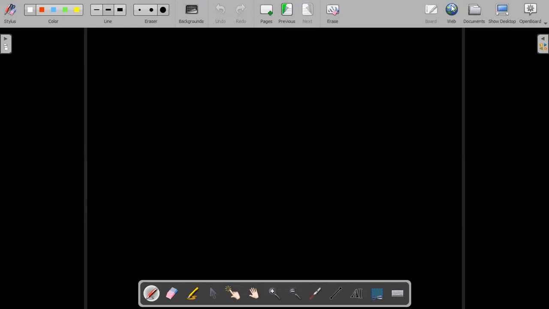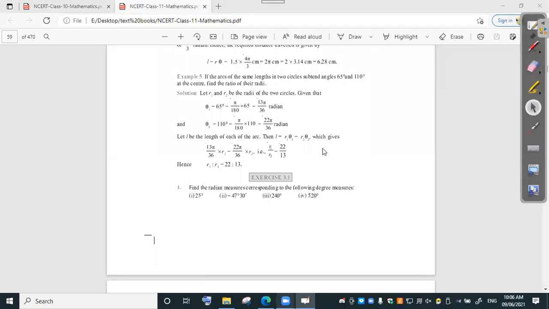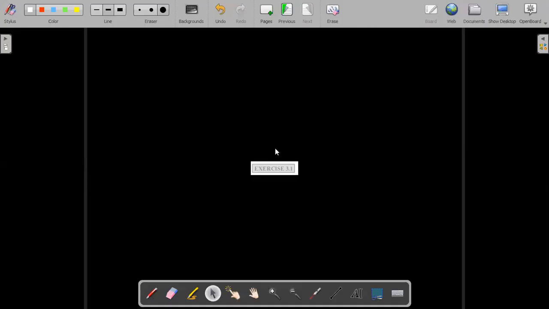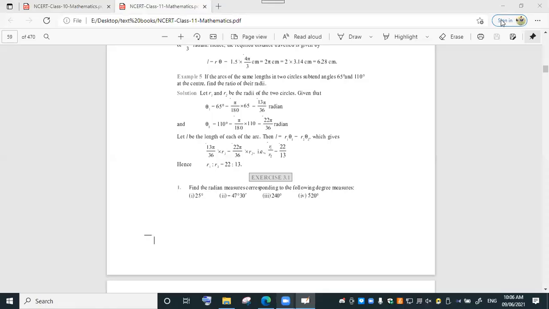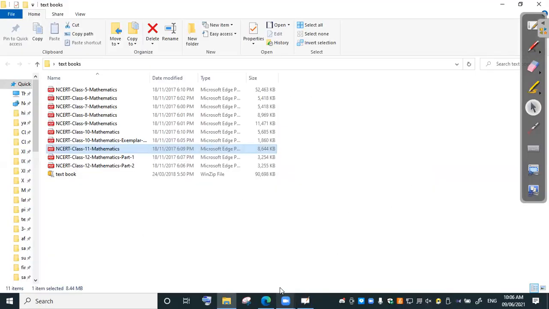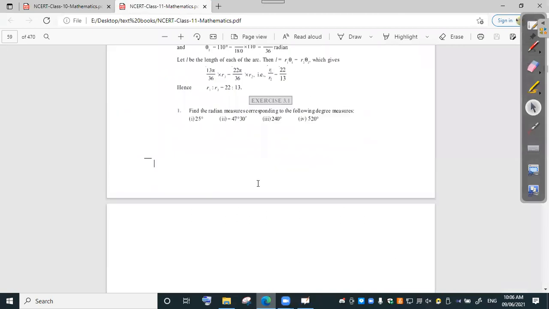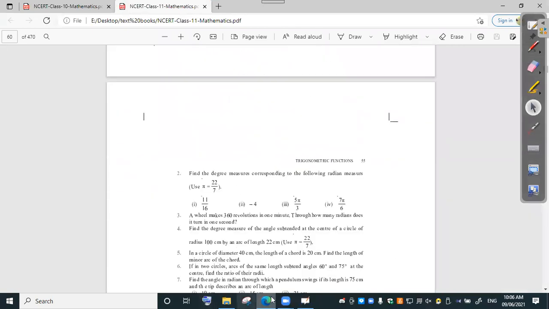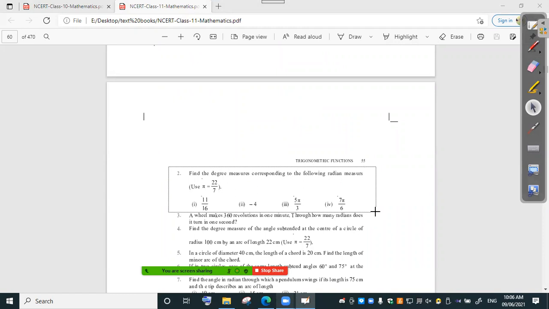Next, now we will convert radians into degrees. So in the second part, we have the second question. Find the degree measure of the corresponding radian, and pi is equal to 22 by 7.